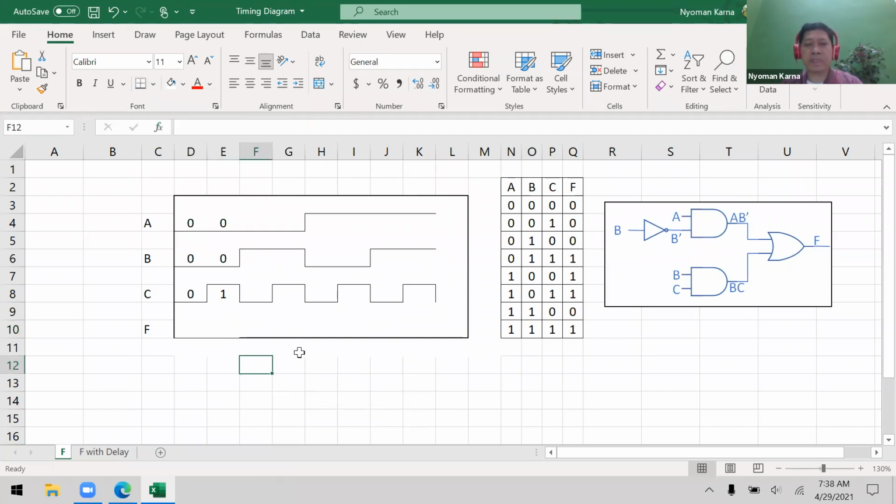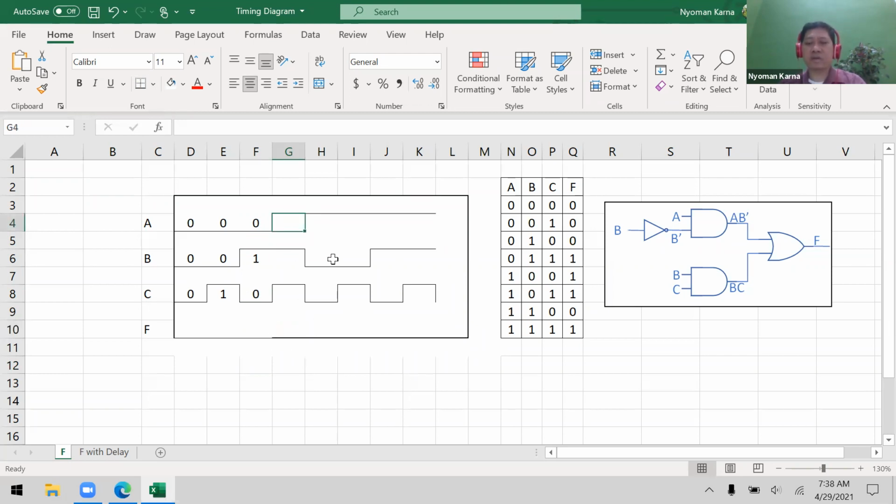Okay. Now 0, 1, 0. This combination 0, 1, 0 will also create an output of 0. So this is 0 volt, and this one is plus 5 volt or 1. Okay.